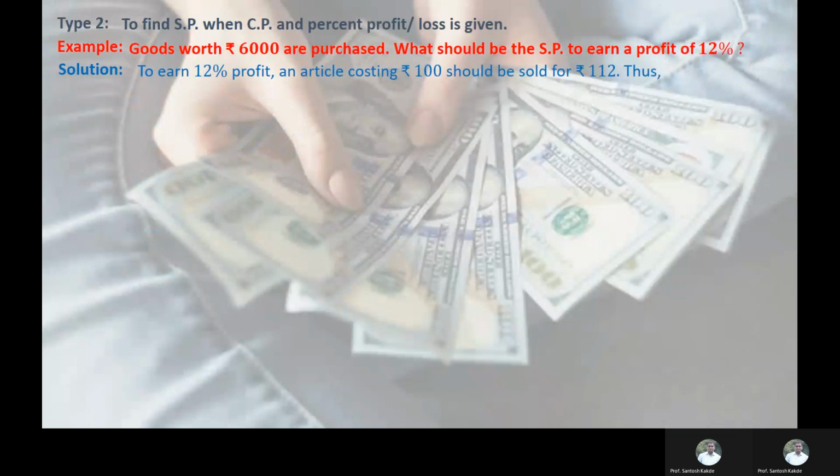Whatever we have bought will be called cost price, and whatever we have sold is called the selling price. So if cost price is 100 rupees, selling price is 112 rupees.